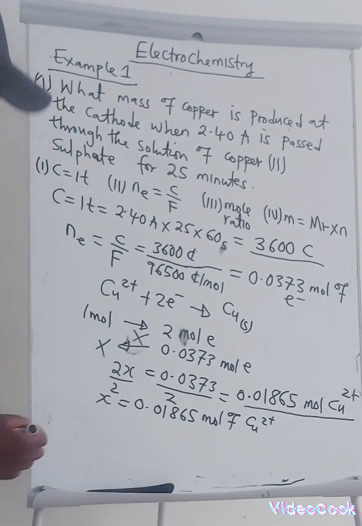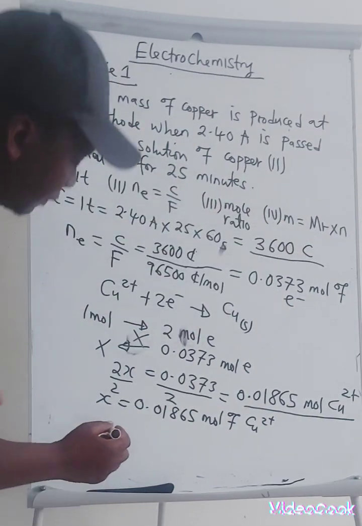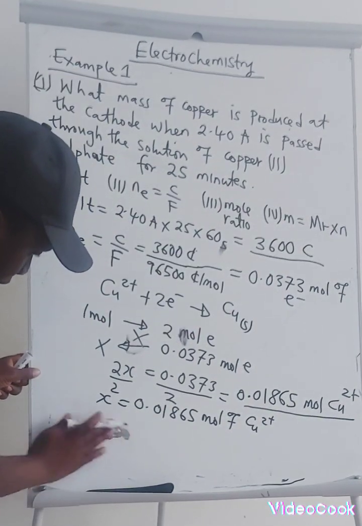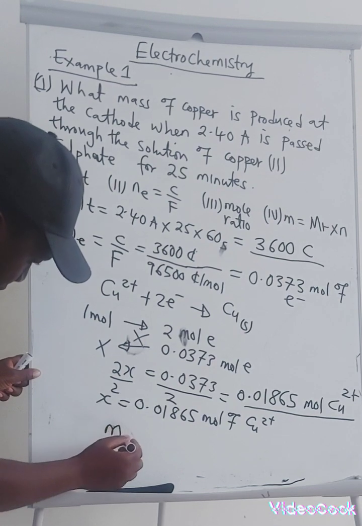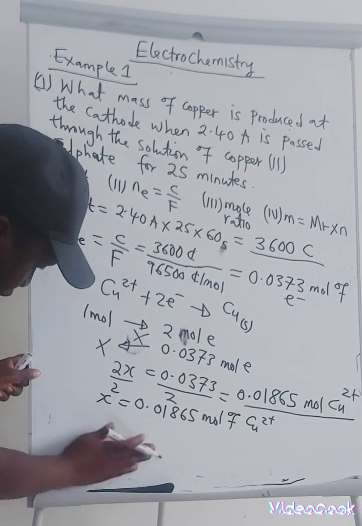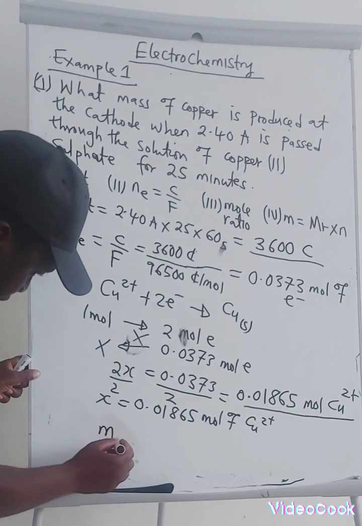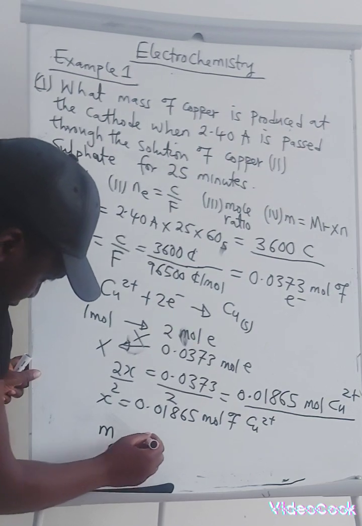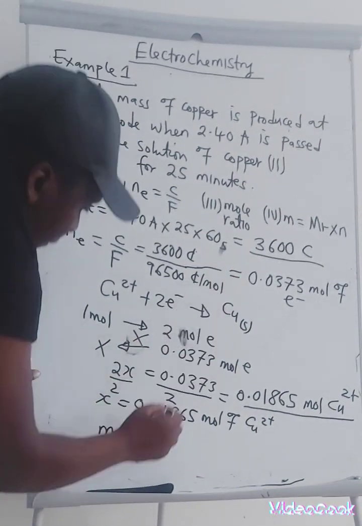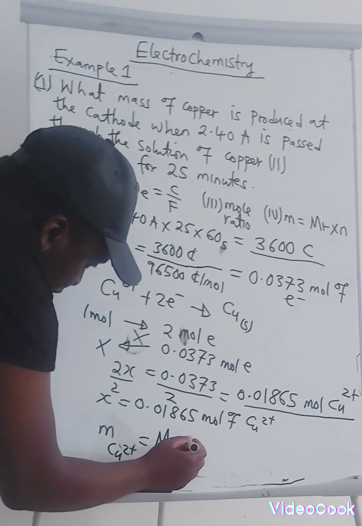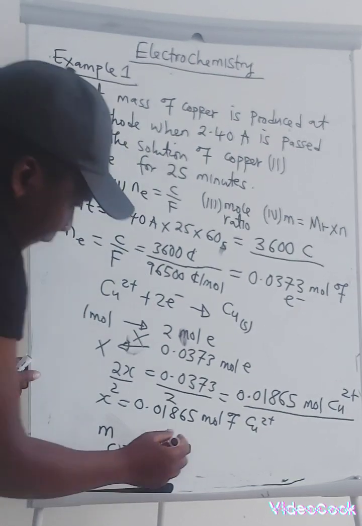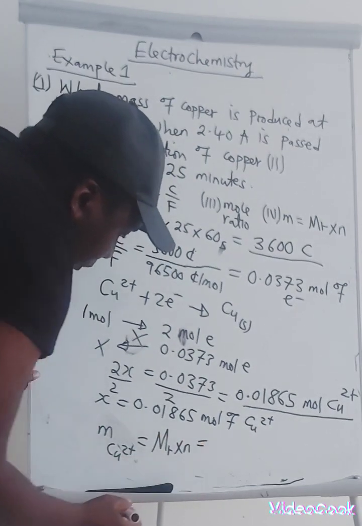So what mass? We go to the mass of copper, which is equal to Mr multiplied by the number of moles.